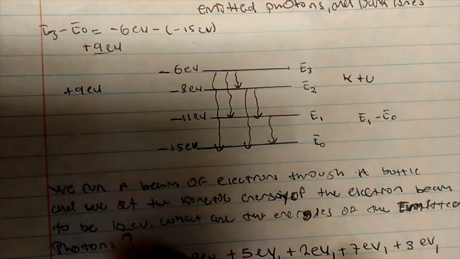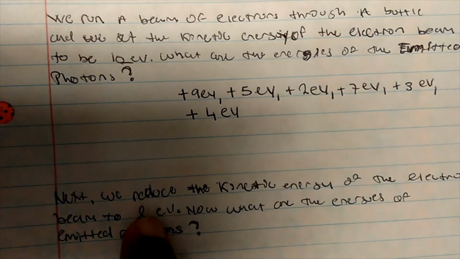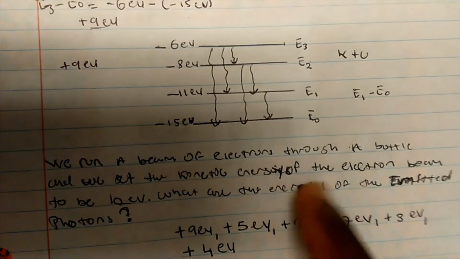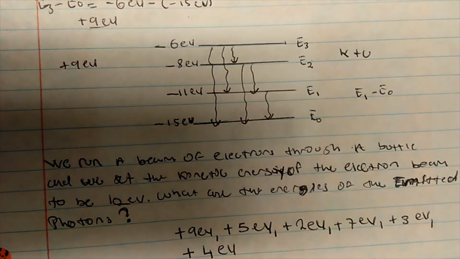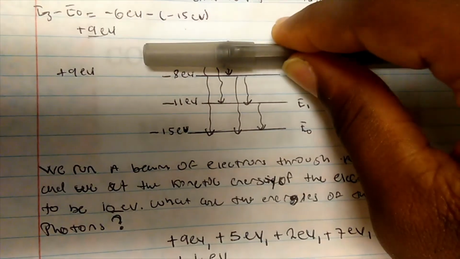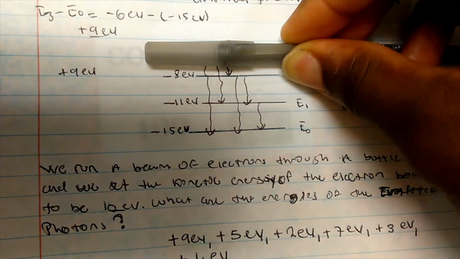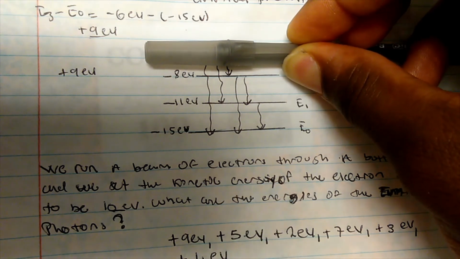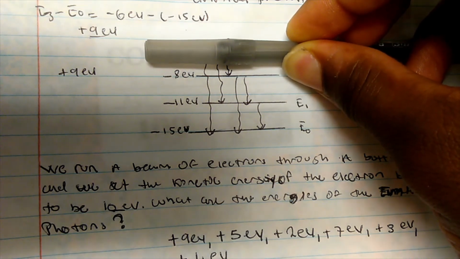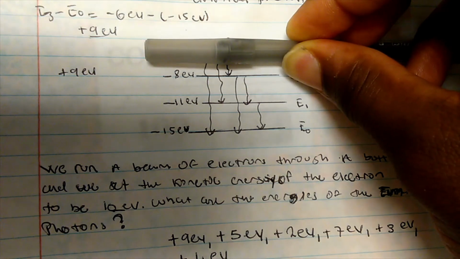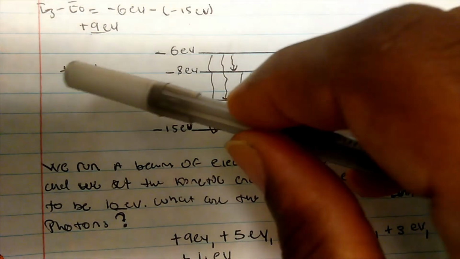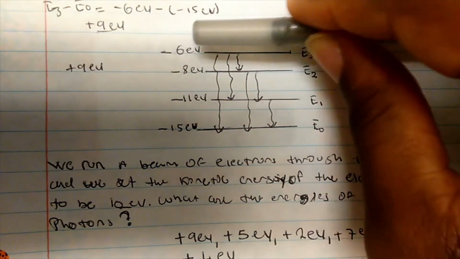But since now 9 is actually higher than our 8 EV, we'll not get all those emitted photons. And so what does that mean? We have to cut off the highest energy level, because we're only allowed to go up to 8. When we did the highest minus lowest, we got 9 EV, and we'll not see all those emitted photons.